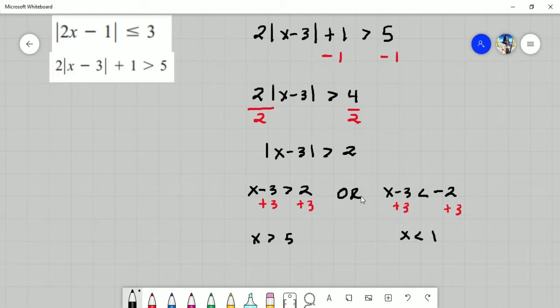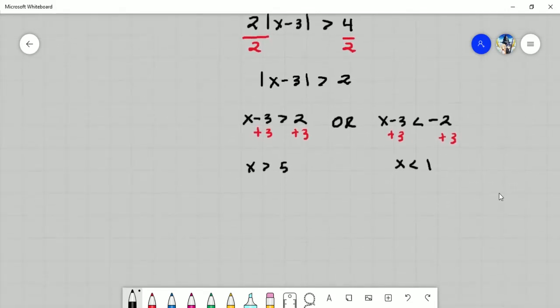So less than problems are AND problems. That means your solution is in between your two endpoints, or what overlaps. And your greater than, OR problems, don't overlap. They usually are solutions going in opposite directions of your endpoints or boundaries.